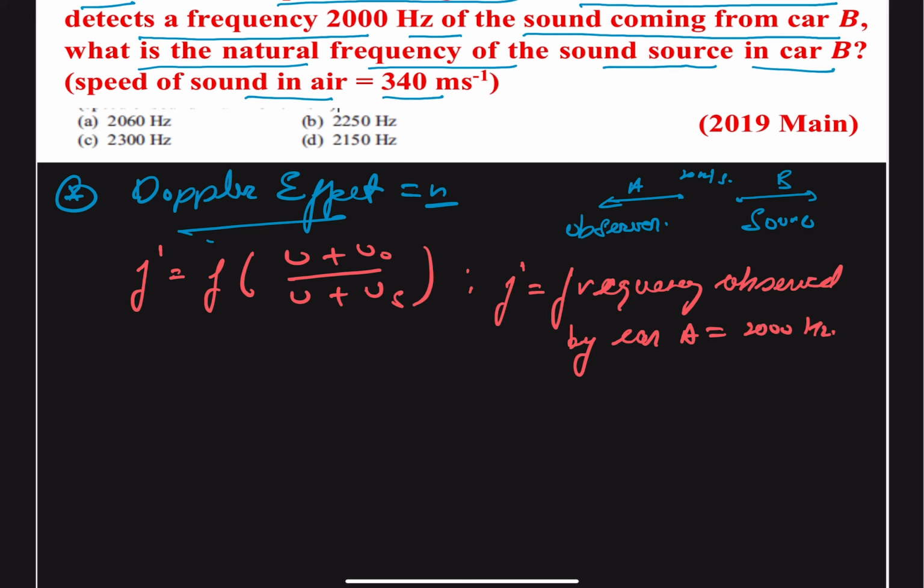And f is the natural frequency of the sound in car B.